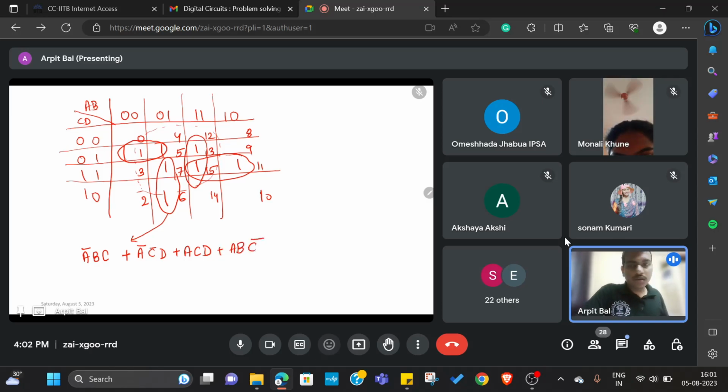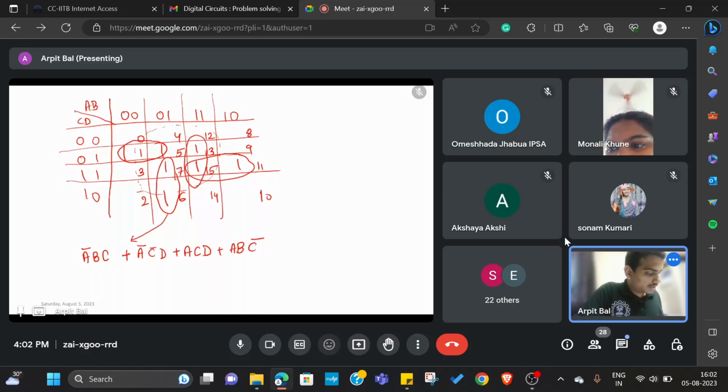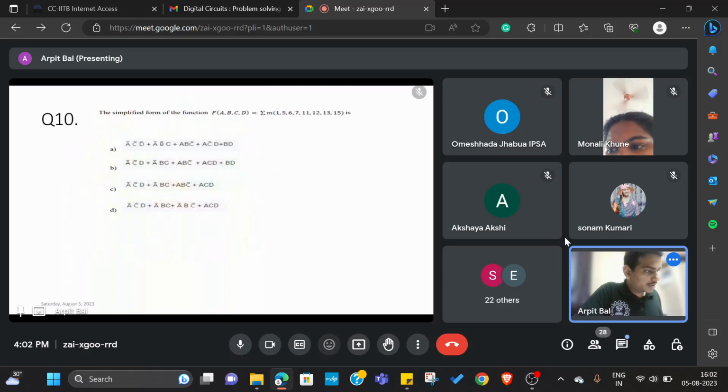So this is our reduced form that we were supposed to bring. A bar B C, A bar C bar D, A B C bar. So this is option C. So option C is the correct one.